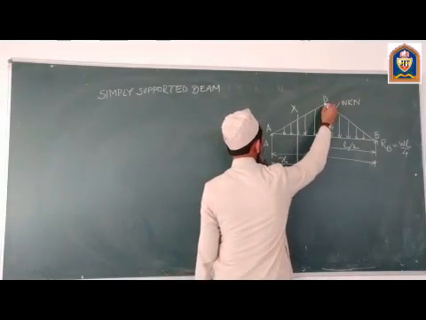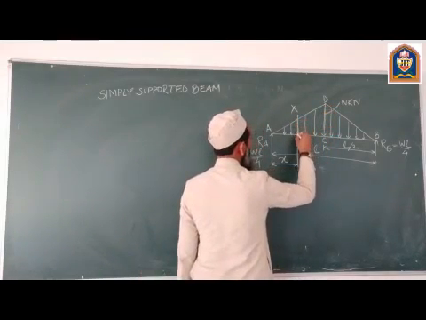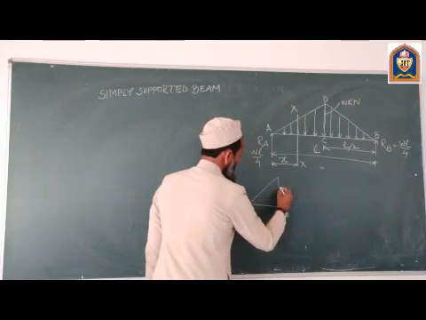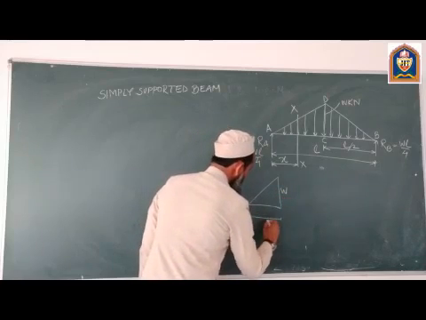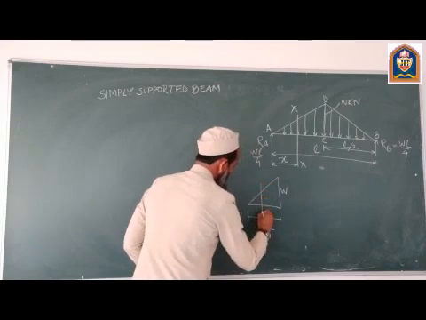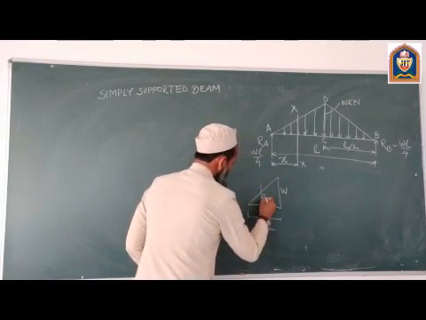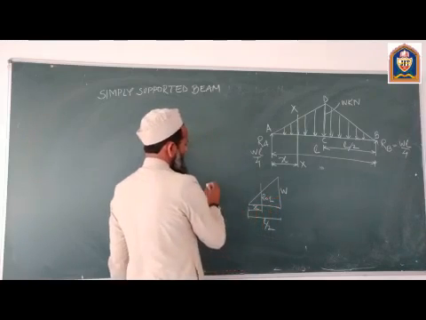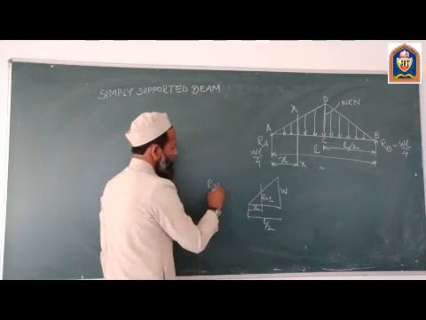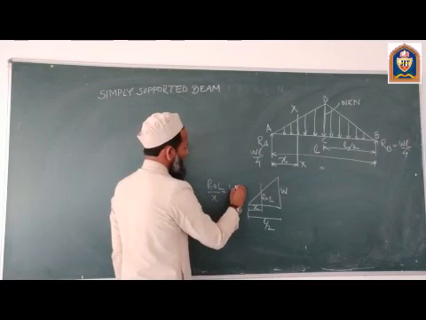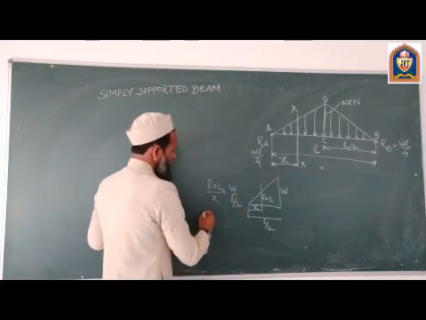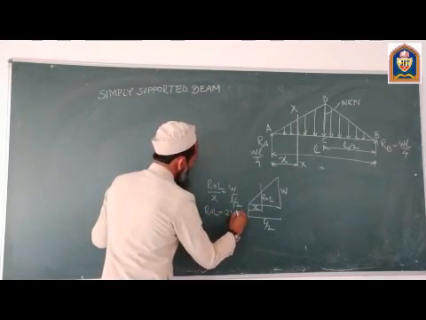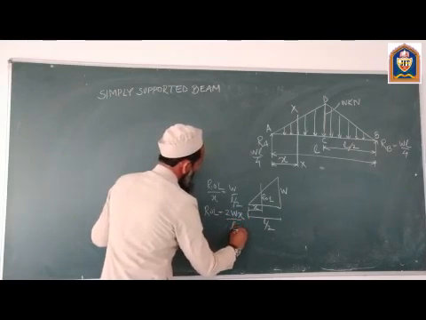Here the rate of loading is W. We have to find out the rate of loading at the section. So this is W, this distance is L by 2, this is our section XX, this rate of loading we have to calculate, and this distance is small x. So rate of loading upon x is equal to W upon L by 2. So the rate of loading at the section is coming out to be 2Wx upon L.